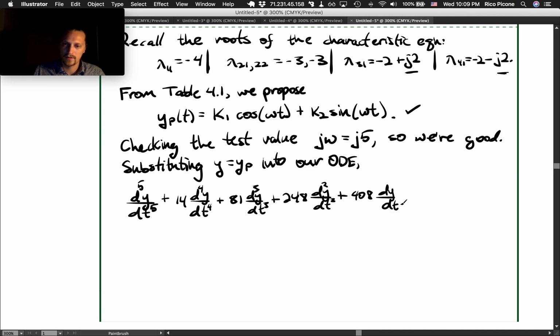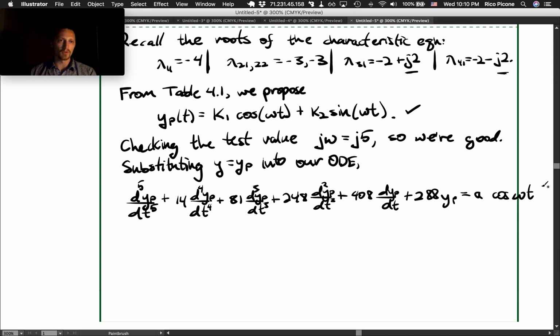Oh, what are these? I've just been writing y, but we're plugging in that y is equal to yp here. So yp, yp, yp, yp, yp, plus 288 yp equals f of t. Our forcing function is just cosine omega t.